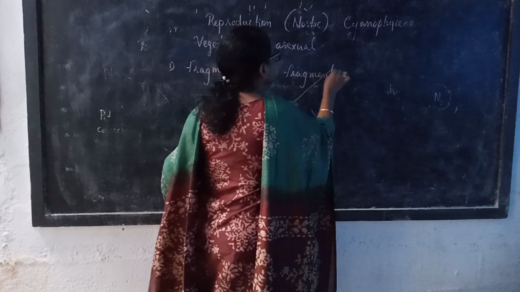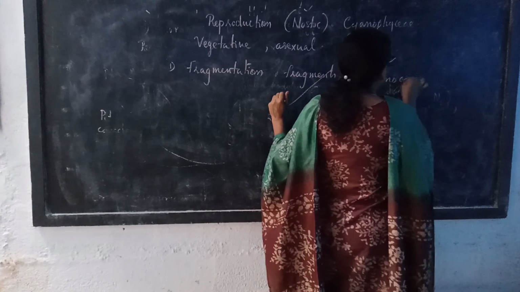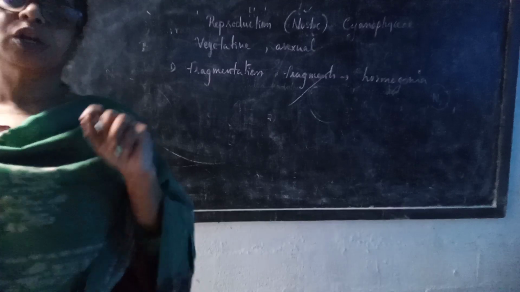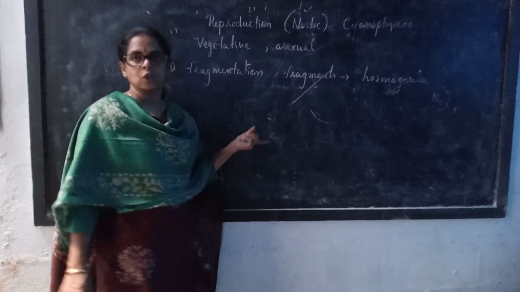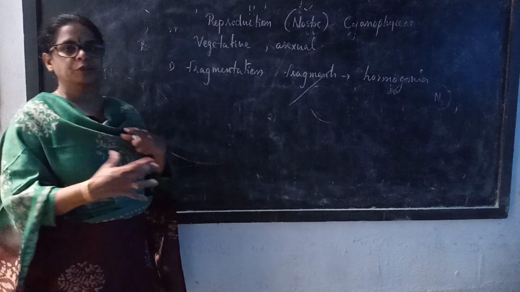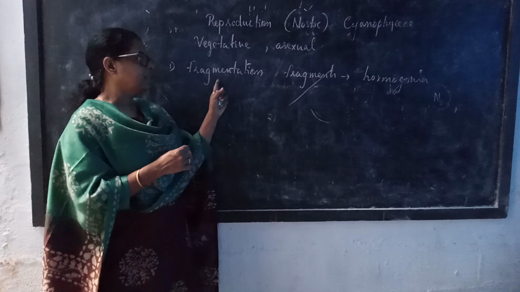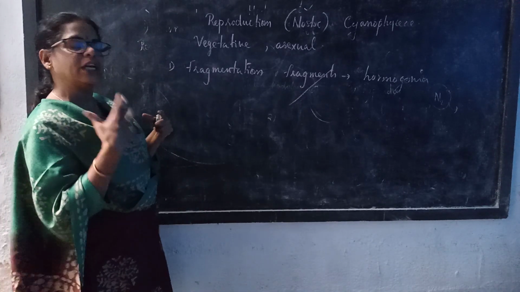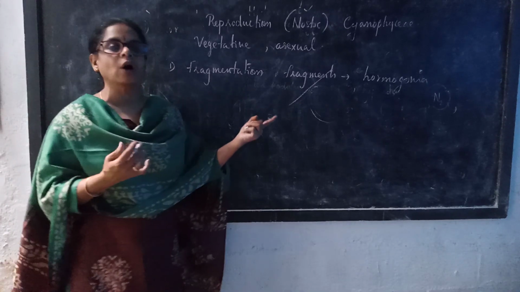Very important term, hormogonia. So what are hormogonia? Hormogonia are fragments of the nostoc filament. Inside the nostoc colony, sometimes due to wind action or some other mechanical reason, the trichome may break into fragments, and these fragments are called hormogonia.